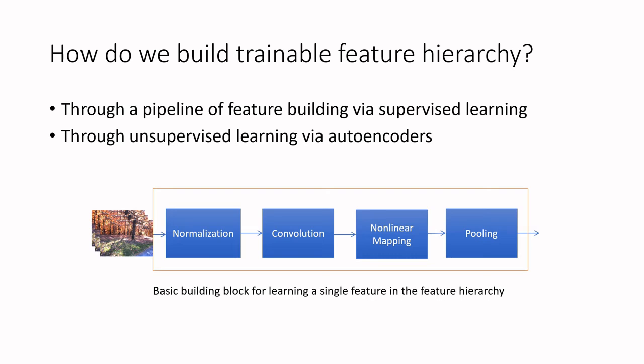Another way of learning is through what we call unsupervised learning. And in unsupervised learning, we use the kind of networks that are known as autoencoders. And these will be covered later in the lectures.